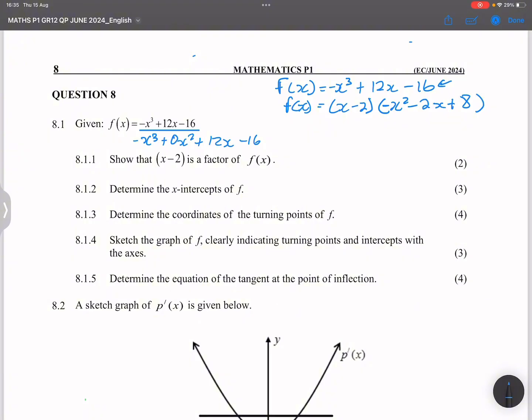We've got x minus 2 equal to 0, so we know that x is equal to 2, or that entire expression, minus x squared minus 2x plus 8, is equal to 0. So let's multiply everything by negative. That's x squared plus 2x minus 8 equal to 0. And if we factorize it, we've got x.